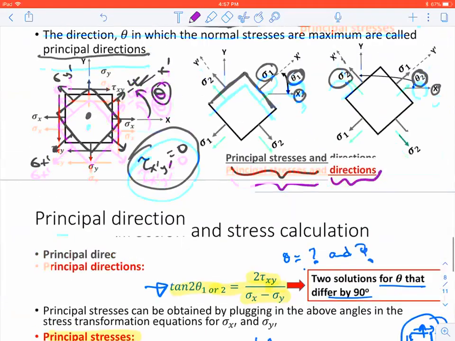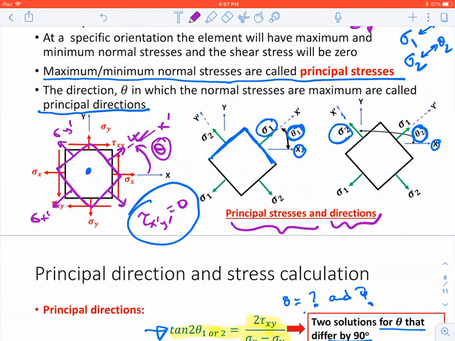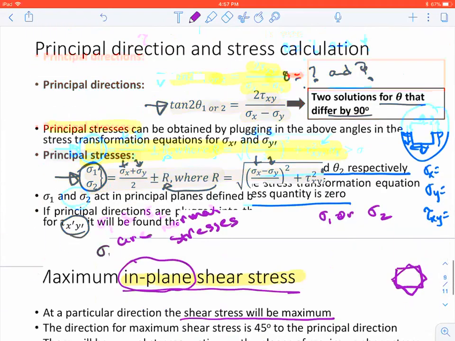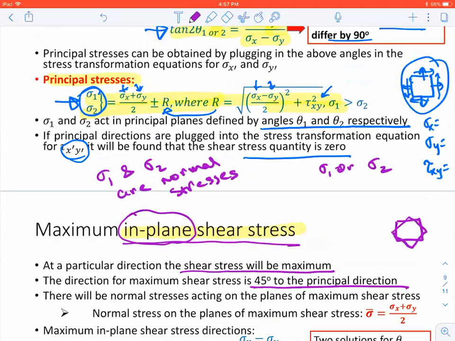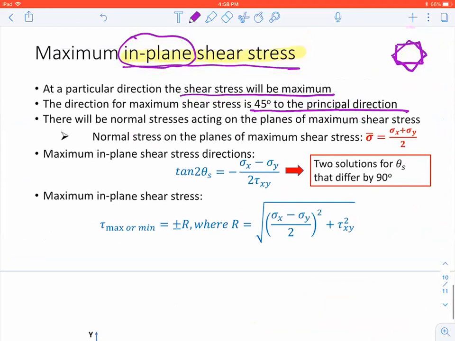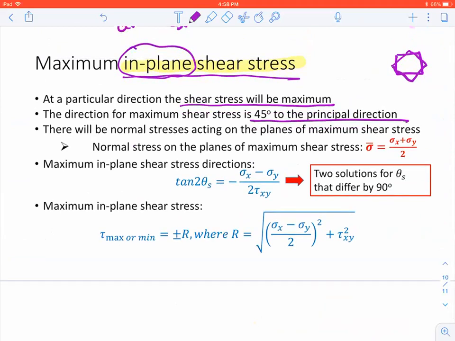So if one of your principal directions is theta 1, you will see that the angle at which you're going to see maximum shear stress is 45 degrees to theta 1. So you will see that it is 45 degrees to the principal direction. Unlike the principal stress case where your shear stress is 0, your normal stress is not 0 when you see maximum shear stress.